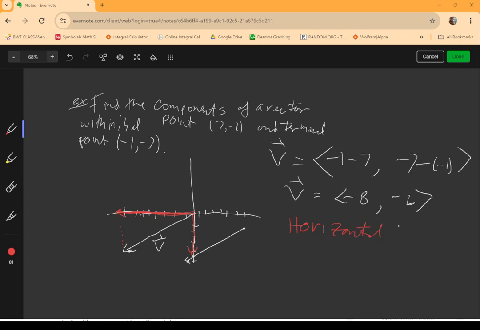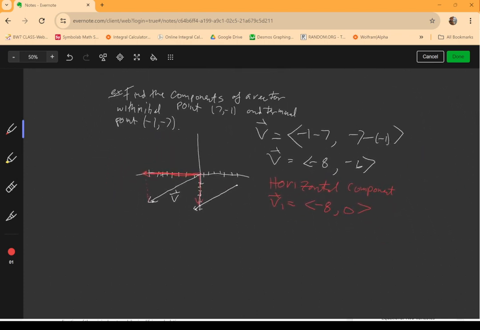The horizontal component, I'll call V1, will simply be the direction along the horizontal or the x. So it'll just be -8, 0.